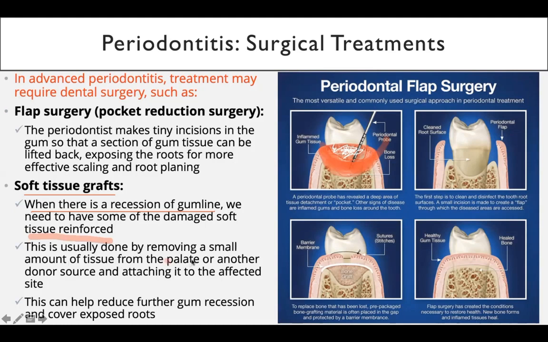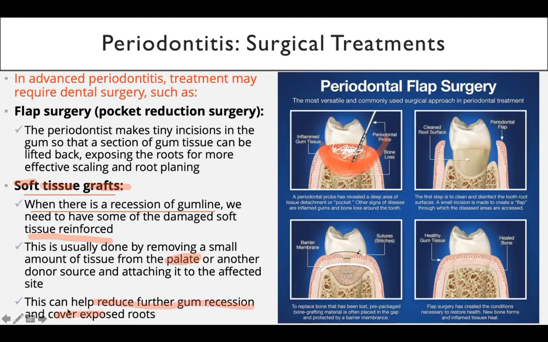From the palate or any other source. Just remember palate, and then attach. So we are doing soft tissue grafting. How beautiful, right? Now you are plastic surgeons too. This can help reduce further gum recession and cover the exposed root.